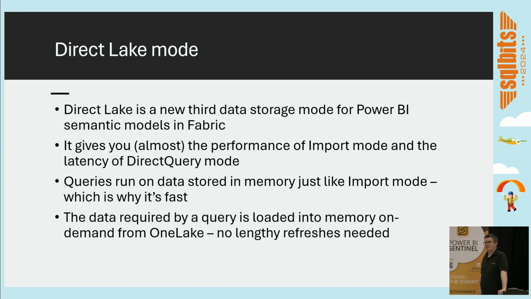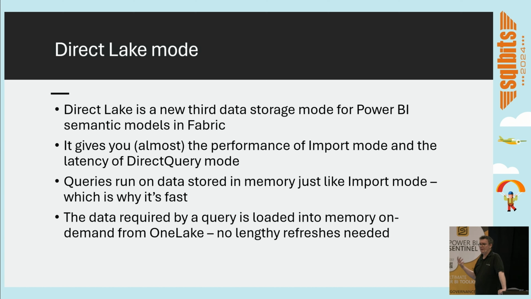Why does it give you fast query performance? Well, because when you run your query, the data is got from memory, kind of like import mode. How does that happen when I said that you're not copying the data into memory? Well, you're not refreshing. You don't have a refresh operation anymore in the import mode sense where you copy all of the data across into memory.